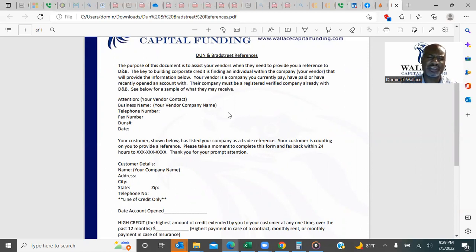But this is basically how you would add those credit references so that you can build credit. And depending on the package, I know one client just mentioned they only have 4 added references, 6 added, 10, 12. It just depends on the package that you have.